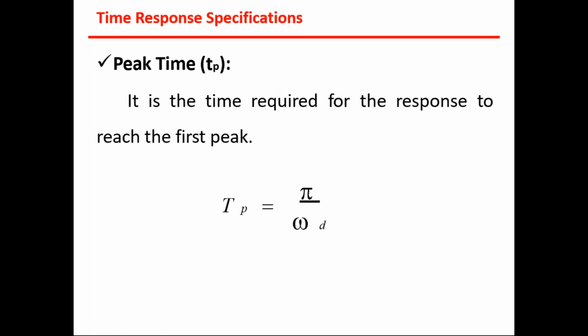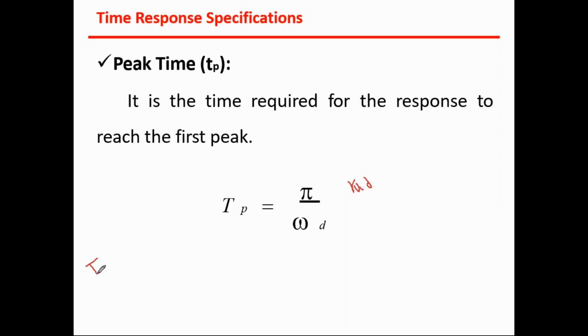That is the maximum value greater than our required value, so that is called the peak. And this formula is pi divided by omega d. And while calculating this formula you have to keep your calculator in radians mode.